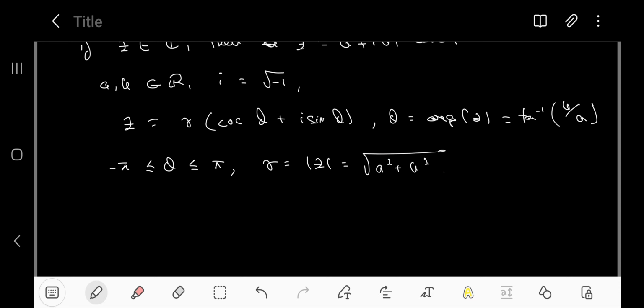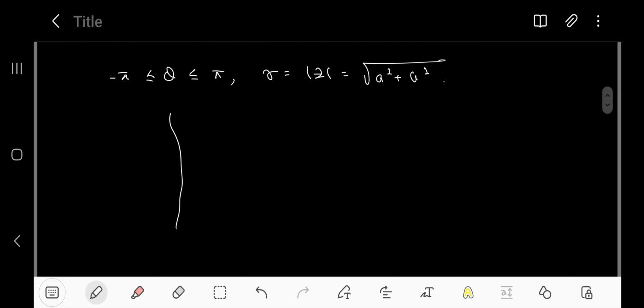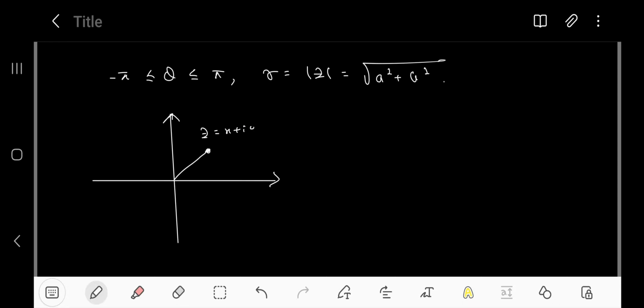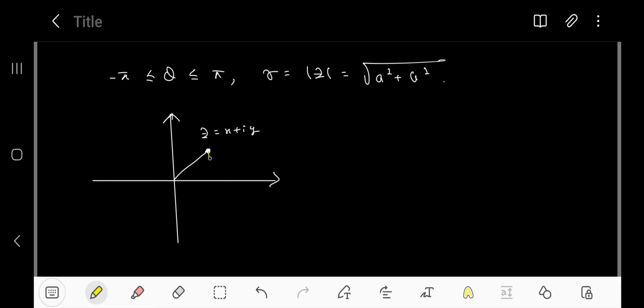These things we know. We also know that the complex numbers can be plotted on a plane, which is called the Argand plane, which is similar to the usual R2 plane we have, where suppose this point is z, x plus iy. So specifically this is the coordinate xy.